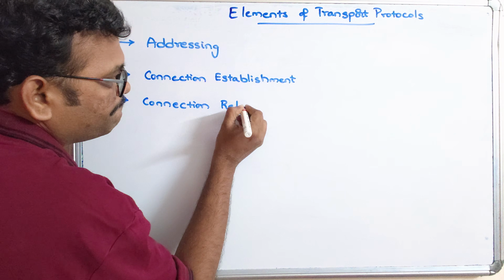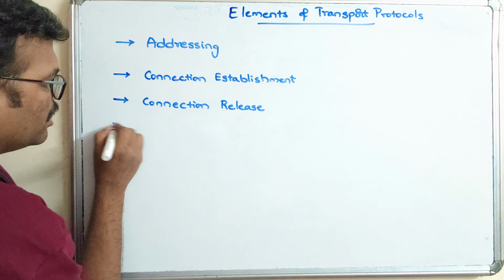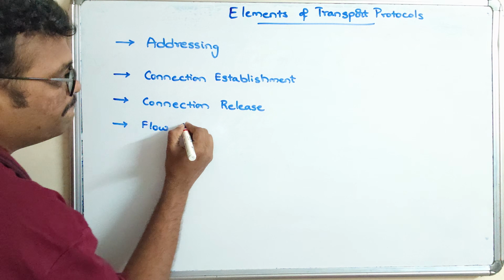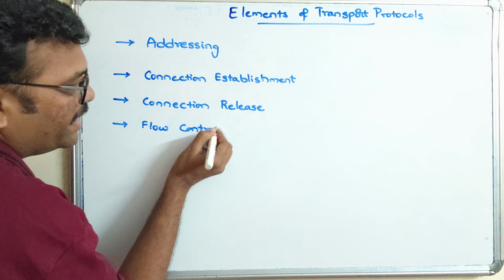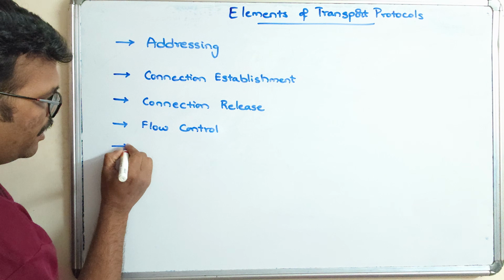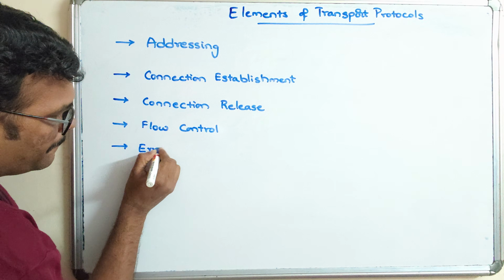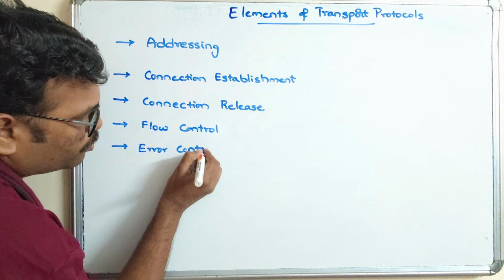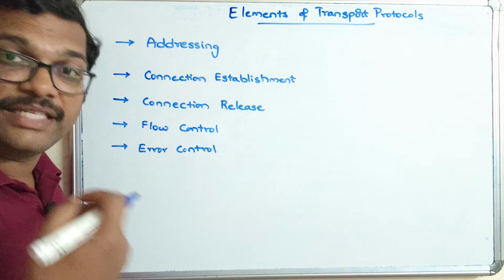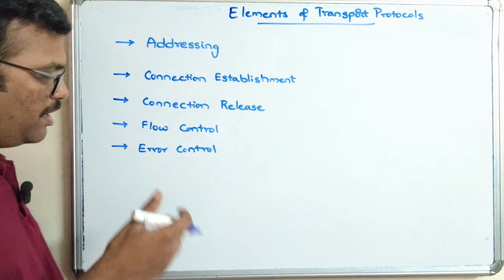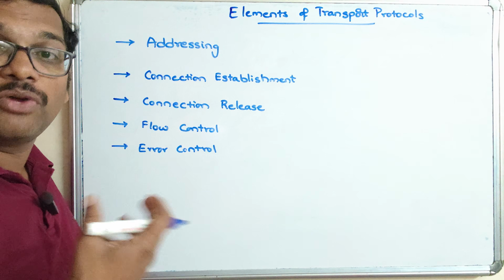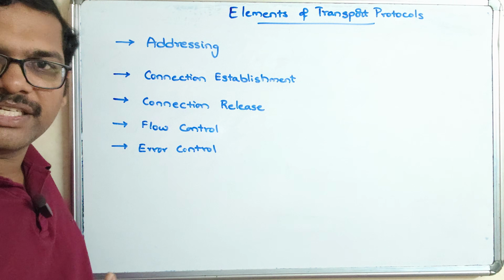And the remaining are flow control, to reduce the data transmission rate by using sliding window protocols, and error control. First the error should be detected using different detection mechanisms like checksum, CRC, Hamming code. And we need to send the data in a reliable format, that means the data should reach the destination without any error.